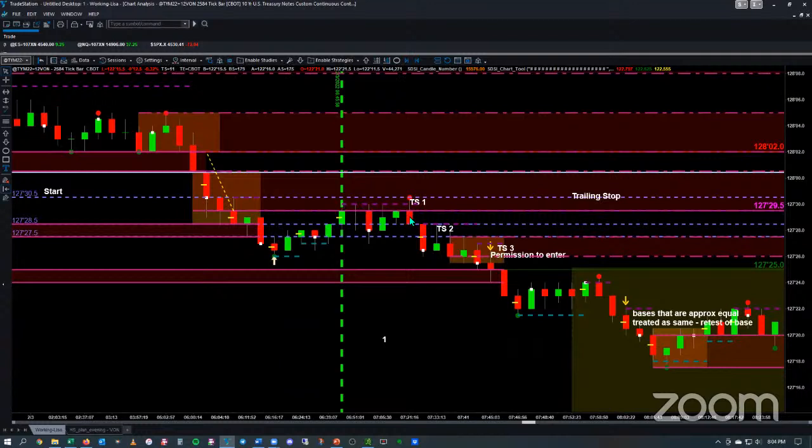Price came in, hit here, and right here on this candle is when it closed below this low. And so that's showing us that the trend is continuing down, and that gives us permission to add on another contract when price retraces to this band.